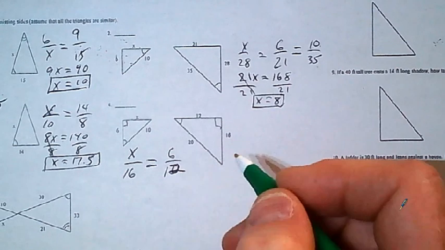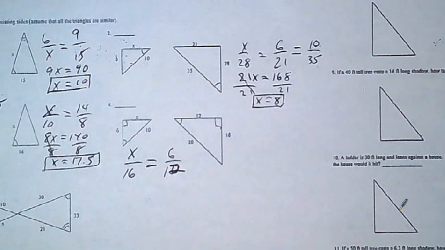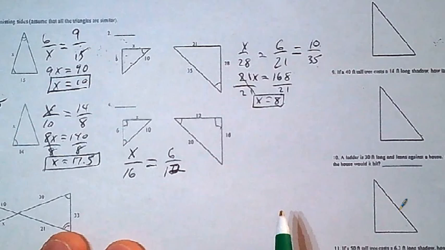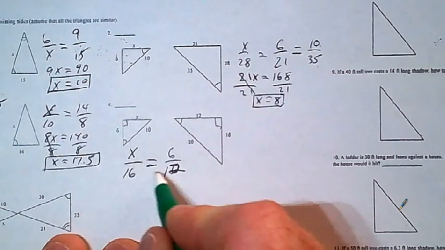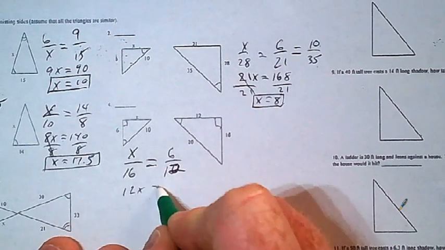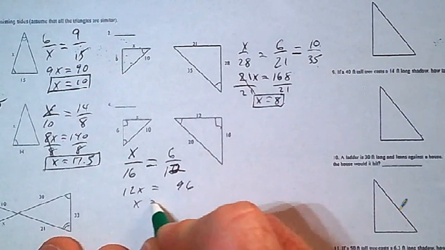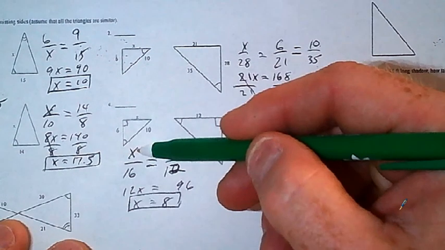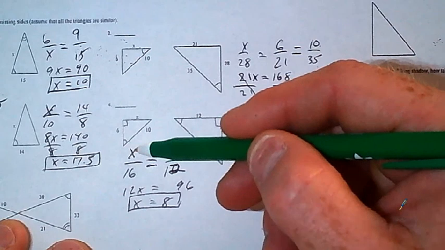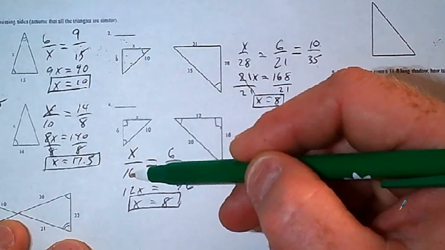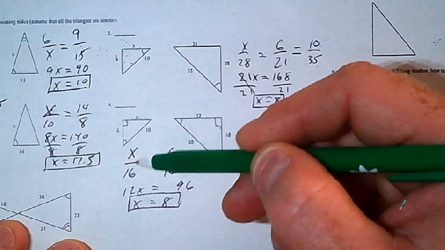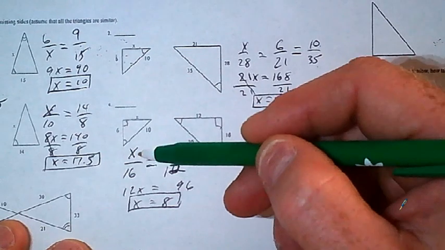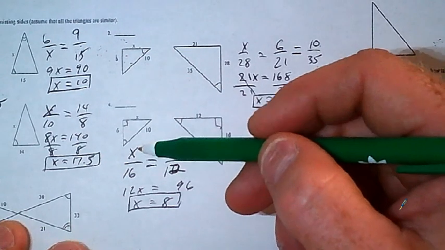Got to be careful. Now, here's a good way to check yourself. When you find your final answer, here, 12x equals 96, x equals 8, put it back in there for x, and then reduce it. What is 8 over 16? 1/2. Remember, you're going to divide top and bottom by 8.